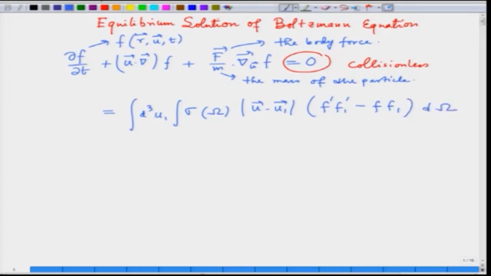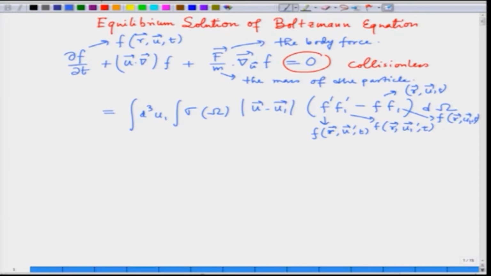Where f prime, f1 prime, f1 are just the distribution functions of r, u prime, t, and here the other two things are kept unchanged, r and t. This will be just replaced by r, u1 prime, t, it was r, u, t, and this one was a function of r, u1, t.